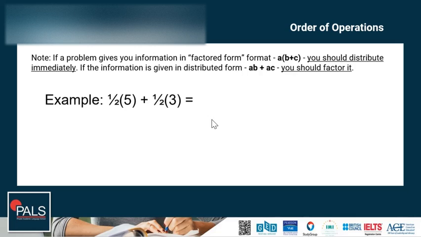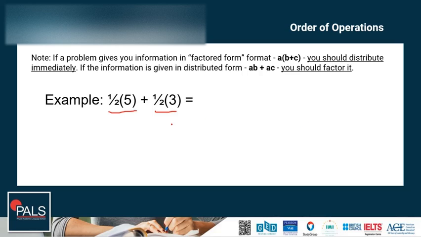Now, as you can see in the example, we have 1/2 times 5 plus 1/2 times 3. Now in this case, there is no exact half of 5 and there is no exact half of 3.